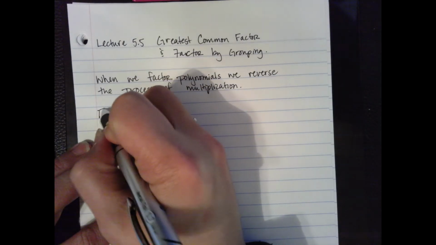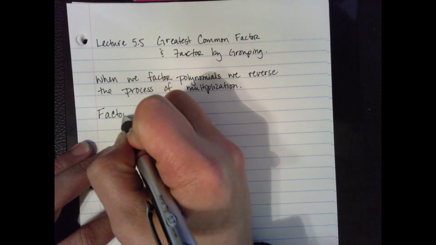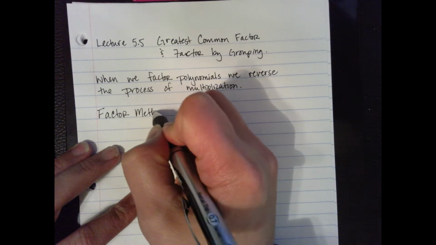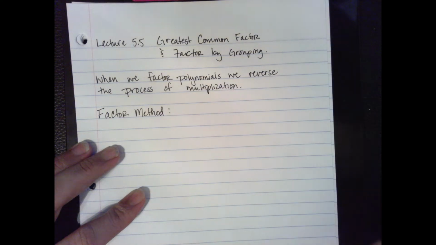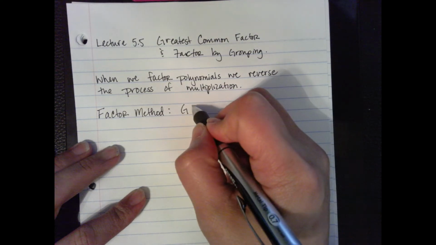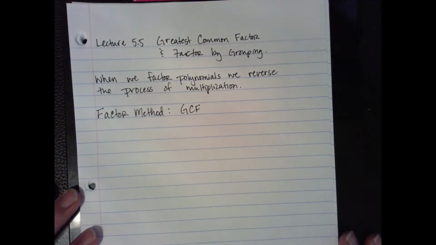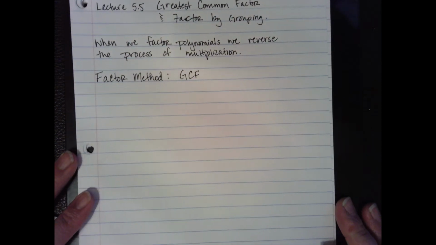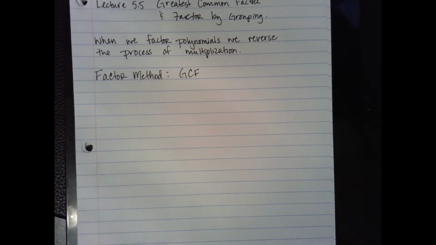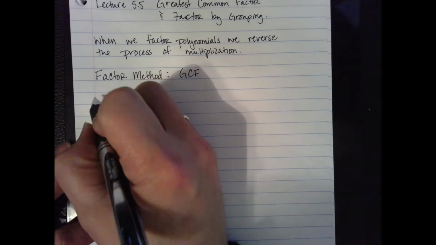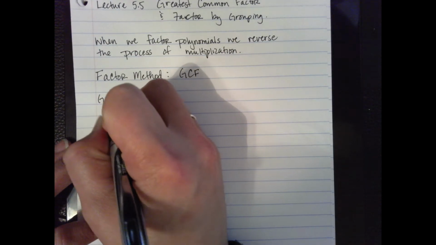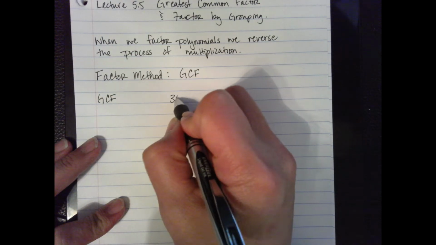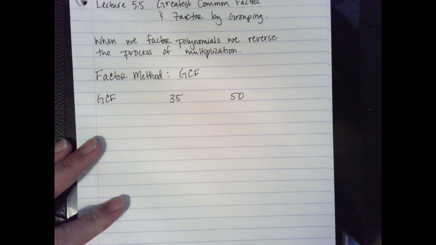So the first method we're going to learn is the greatest common factor, or GCF. So let's look at this with regular numbers. Let's say we needed to find the GCF of 35 and 50.